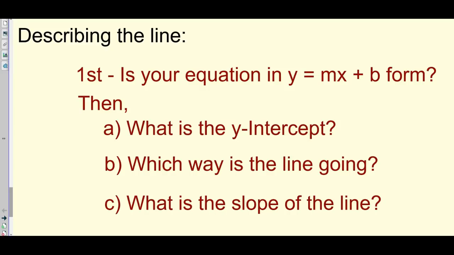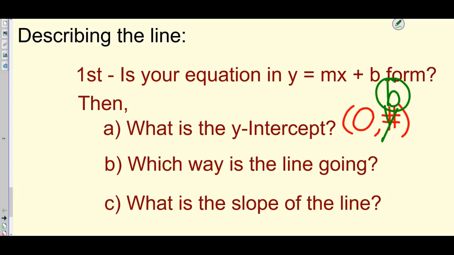Is it negative? So again, with your y-intercept, you're going to have an ordered pair. Your x will be 0. This number is going to be your y. It's also going to be your b for your equation.